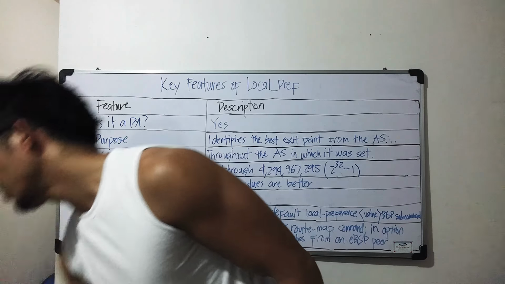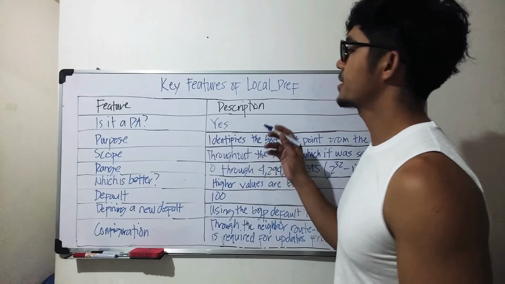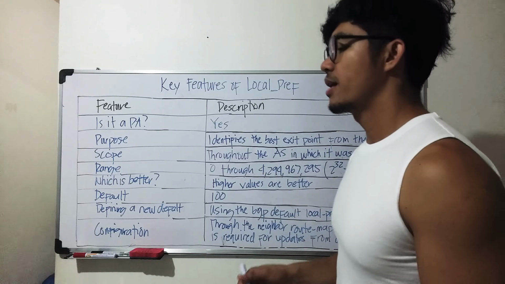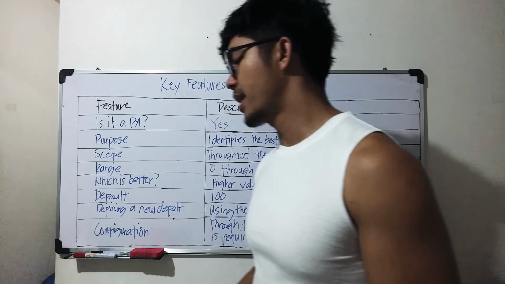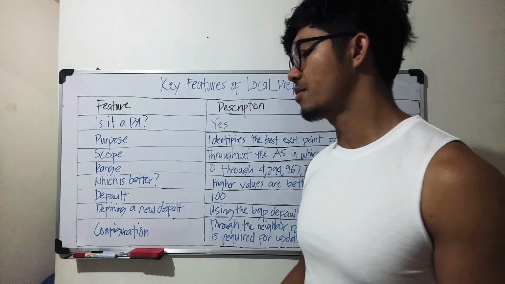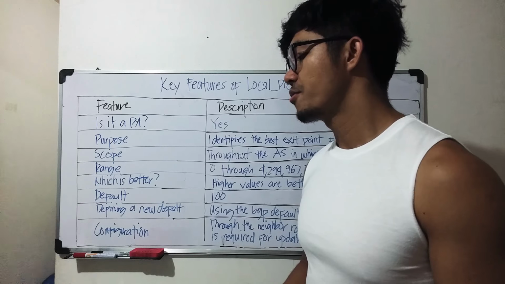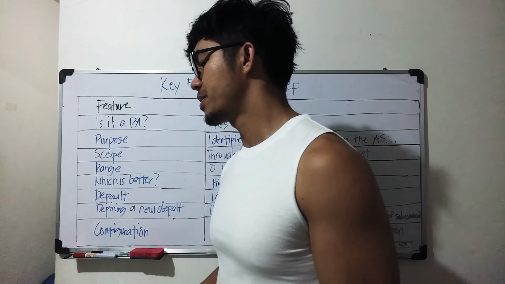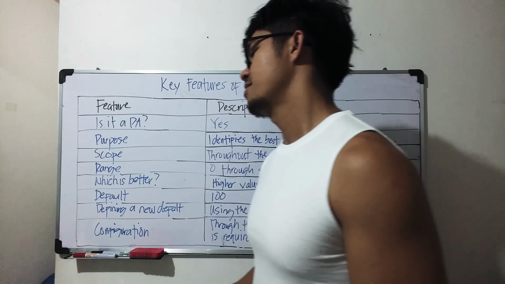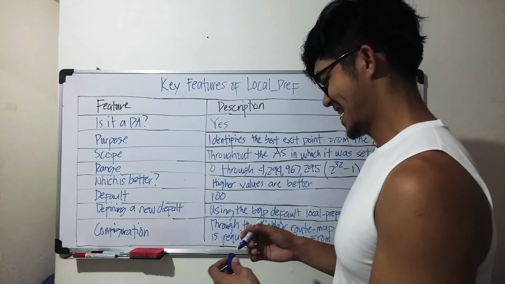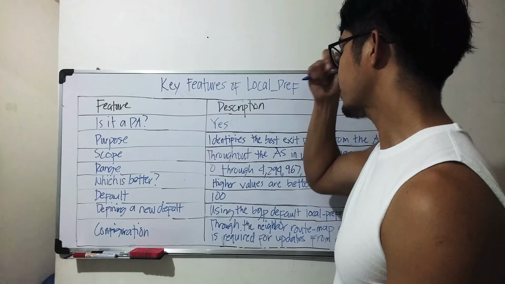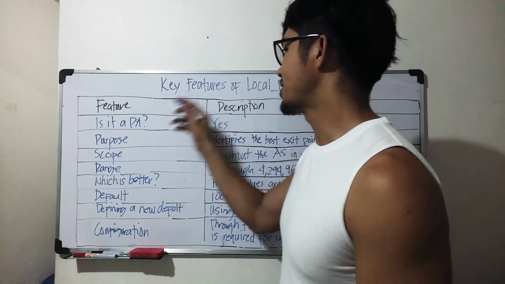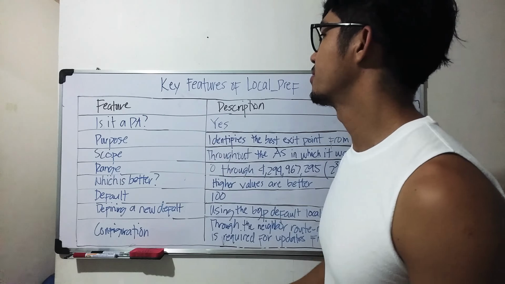And of course, I got this table here from a book that I'm reading called CCNP Routing and Switching ROUTE 300-101 Official Cert Guide by Kevin Wallace. So we got feature and description.